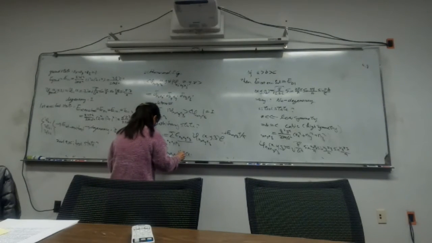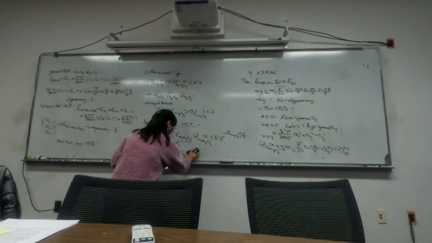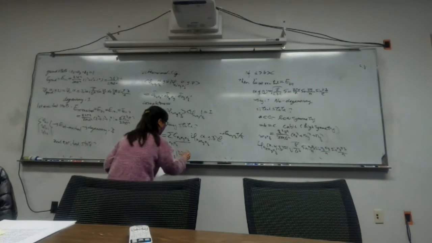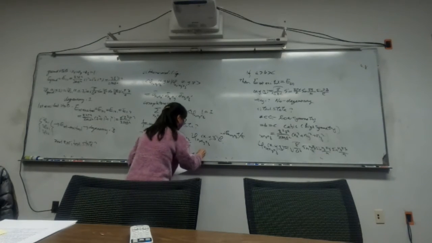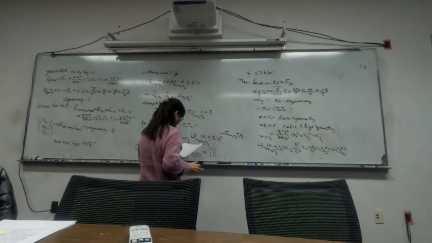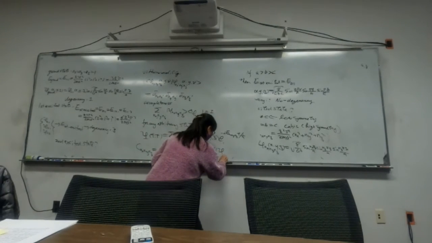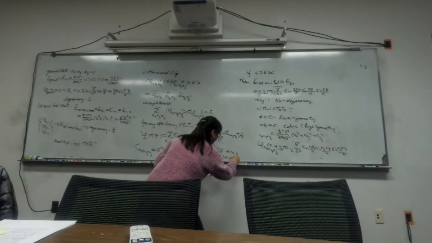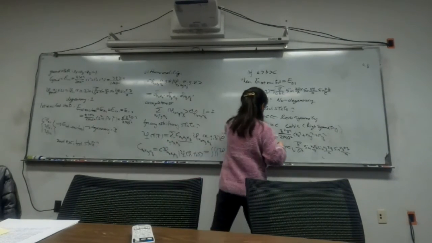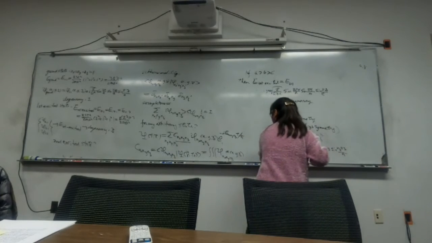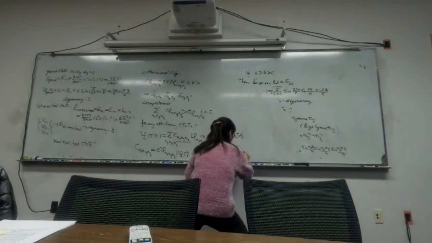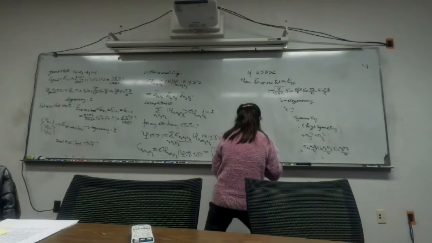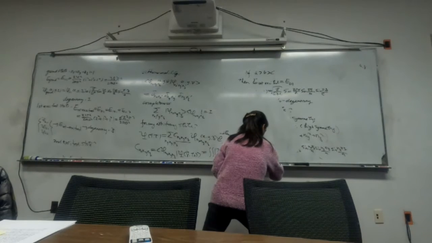X, T naught, oh sorry, it's X naught. This is R, T naught, which is a triple integral of sine nx, ny, and nz, dx dy dz. This is the initial state.